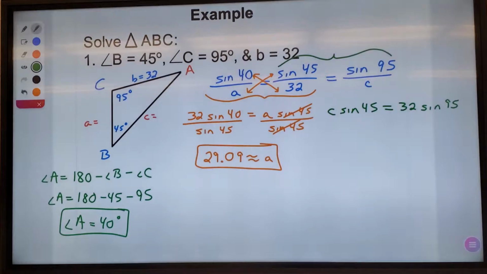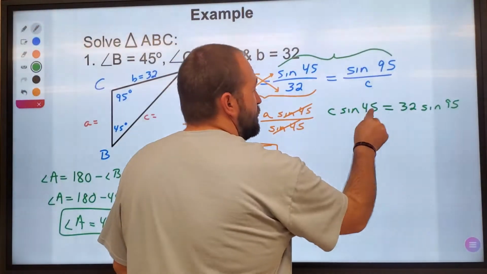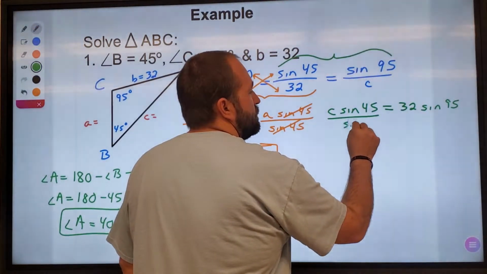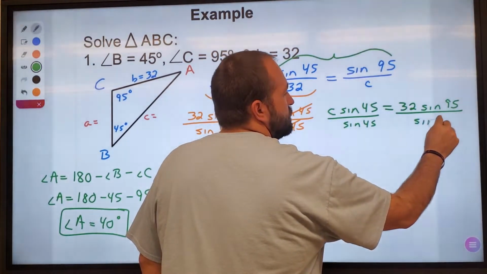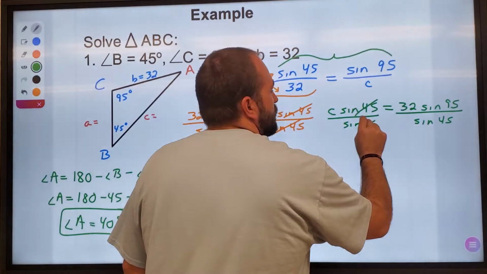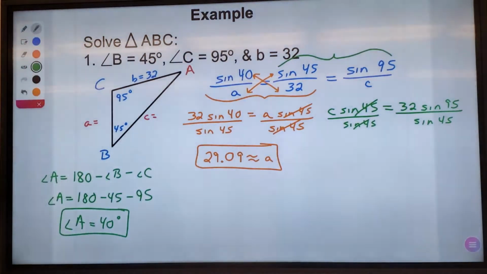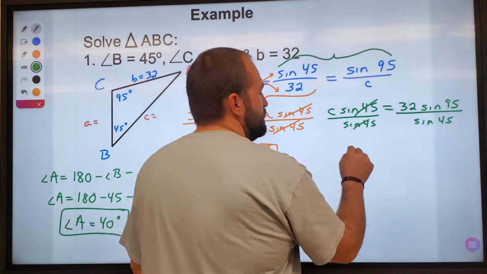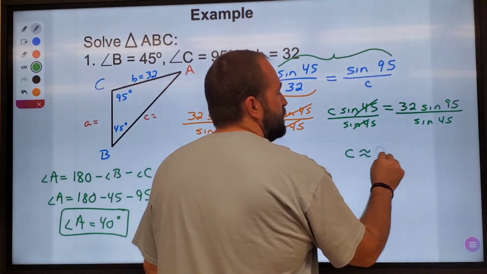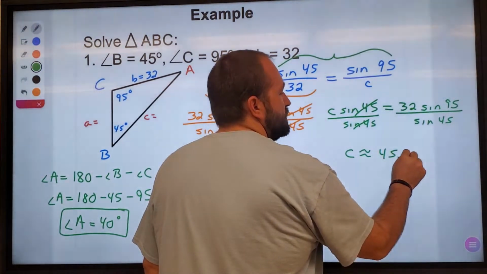I'm going to divide both sides by sine of 45, which is going to give us a value for C of approximately 45.08.